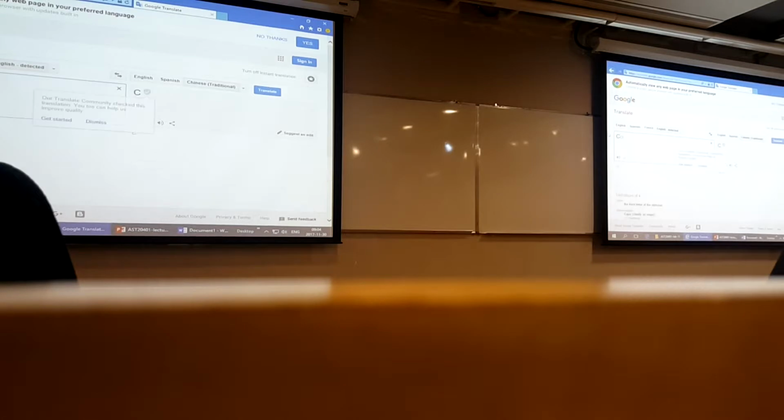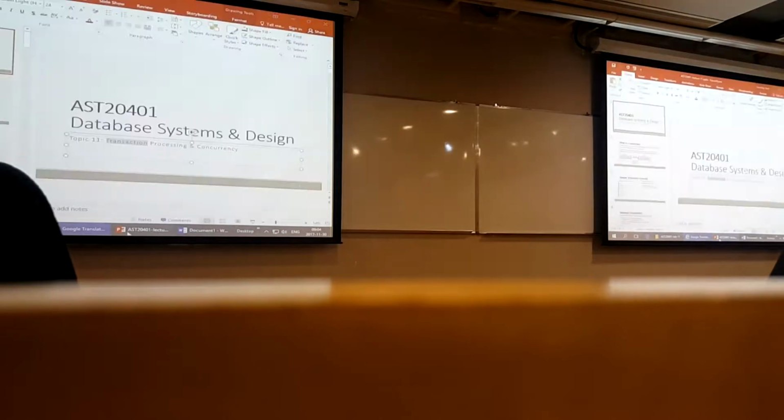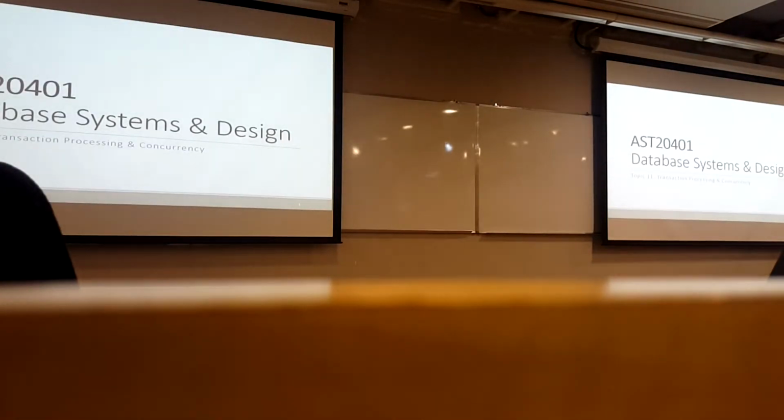And concurrency, this should be better. 都唔係幾好，同步 should be okay. Concurrency, all right? So not so good. The Google translation doesn't really reflect what we are going to talk about.